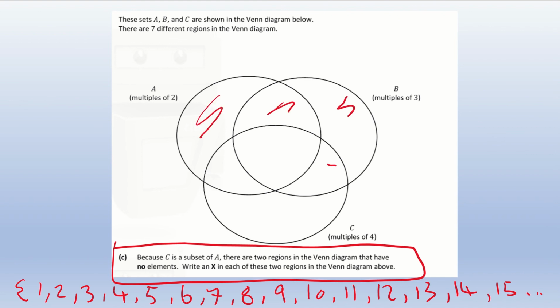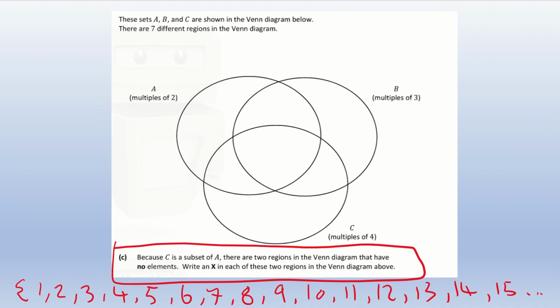So 1, 2, 3, 4, 5, 6, 7. We have 7 regions there. Until I have a number in 5 of those, and then the other 2 regions are going to be my empty ones. Because right now I'm not too sure about what my end answer is going to be, so I'm just going to do what the question is asking me and see if I can make sense of it along the way. Sometimes in your exams that is the best way to approach a question. Fill in the bits that you do know and then see if an idea forms in front of you.